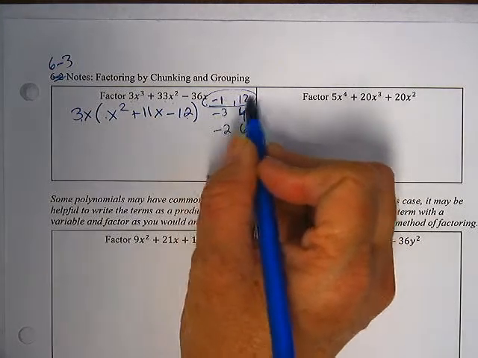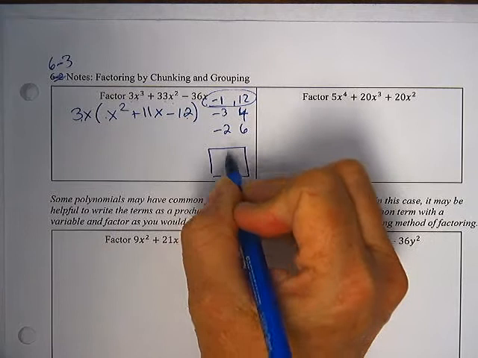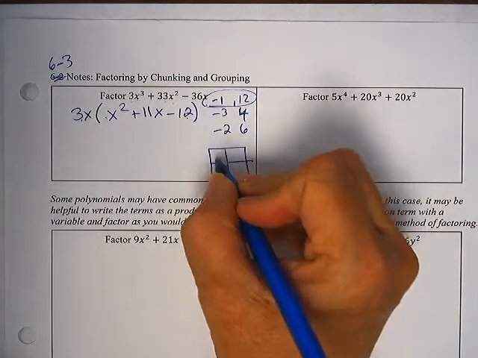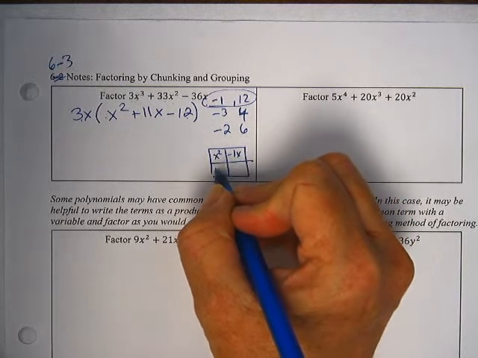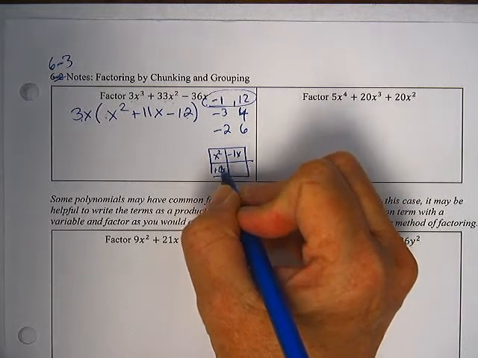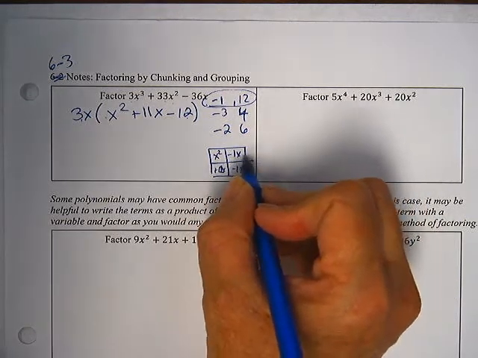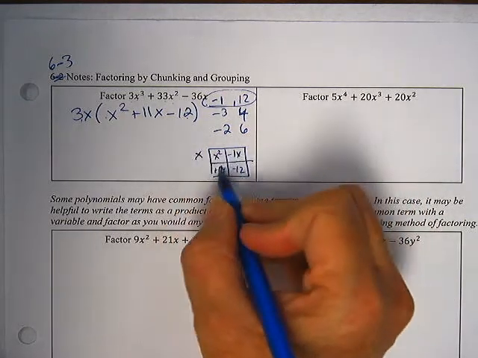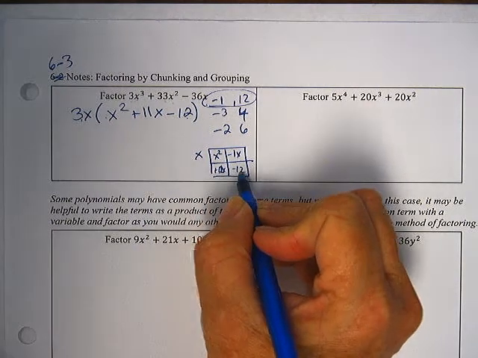I don't have to put this into my box. Well, I guess we should put it in the box. So if we were to put this into the box, we would have x squared minus 1x plus 11 plus 12x minus 12, and here we would factor them out. Top row gives us an x, bottom row, that is a 12. Can't tell, it's a 12x and a negative 12.